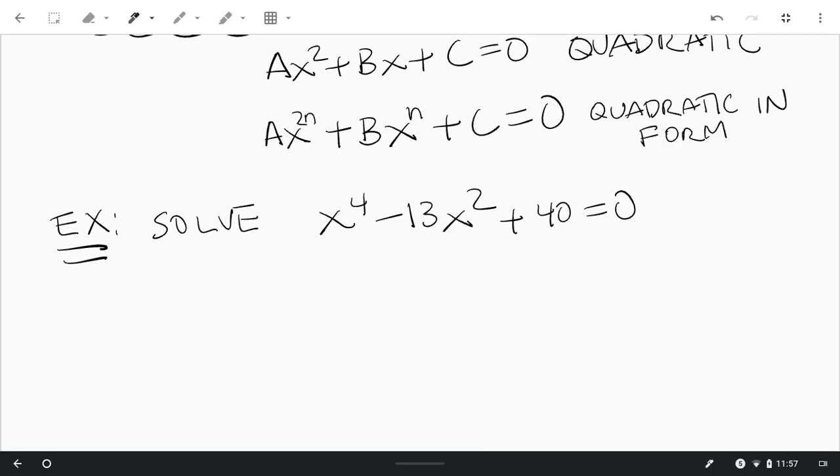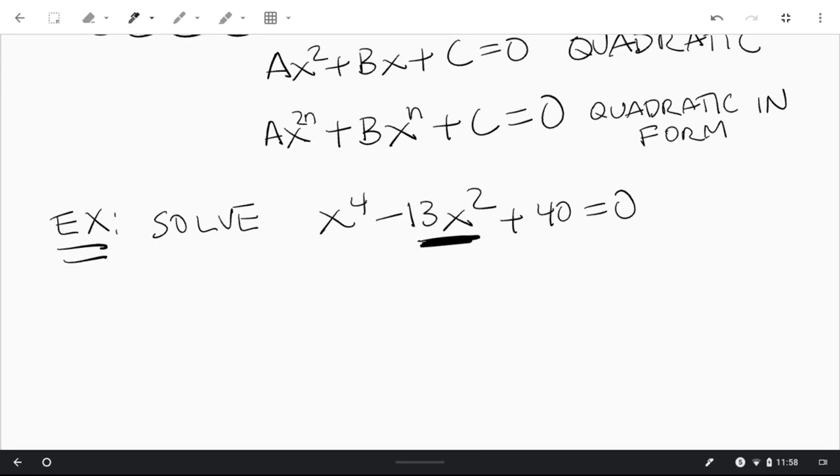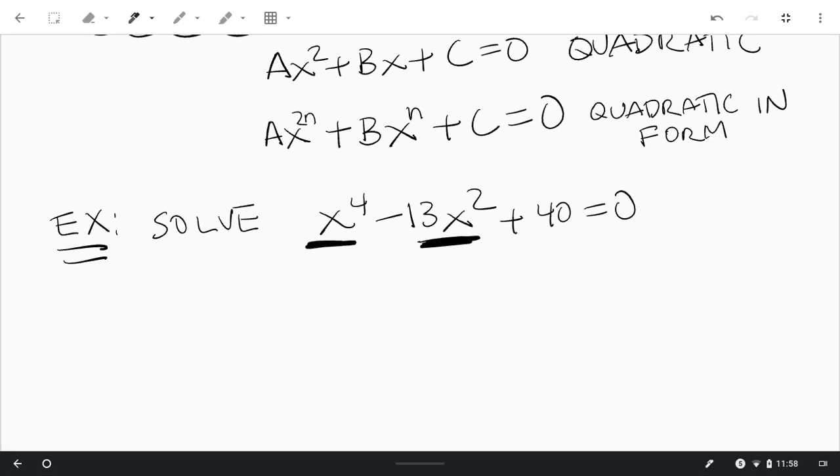Which is this one, because we see here in the middle, x has a power of 2. And then over here, x has a power that is twice as much, which is 4.